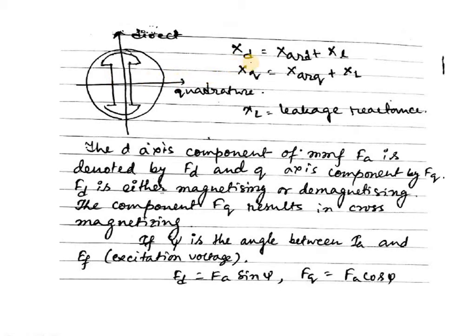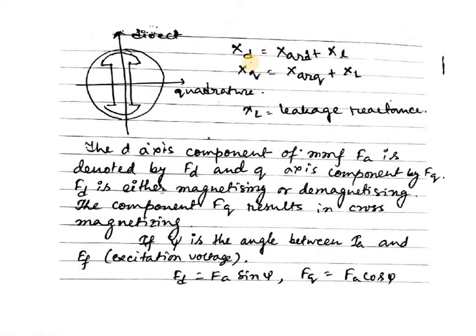So we can say that the reactance generated in the direct axis will be the combination of XAD plus leakage reactance XL, and in the quadrature axis XQ will be the combination of XAQ plus XL, where XL is the leakage reactance.